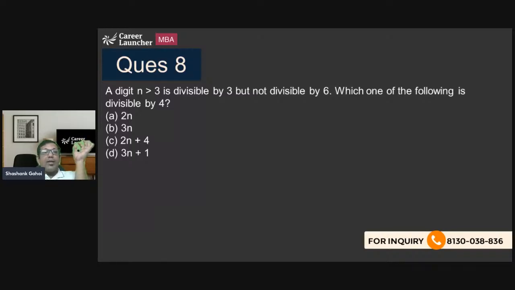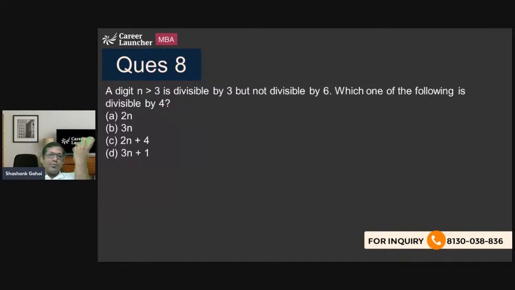It says a digit is divisible by 3. It is greater than 3. It is divisible by 3, not divisible by 6. So how many digits are divisible by 3? One is 3, second one is 6, third one is 9. Right. If it is not divisible by 6, then it can be either 3 or 9.